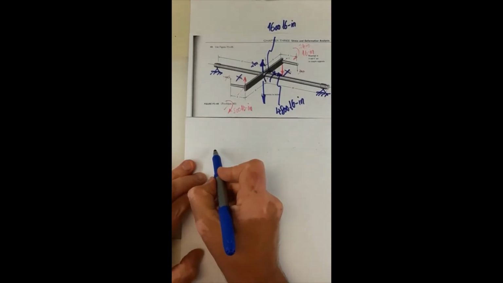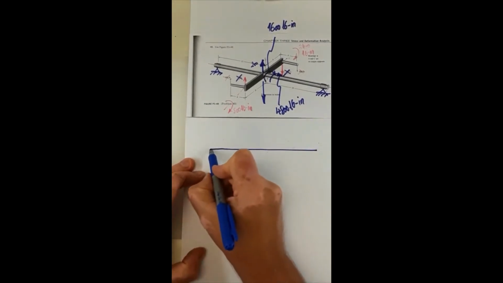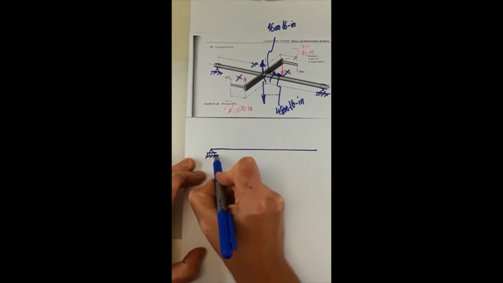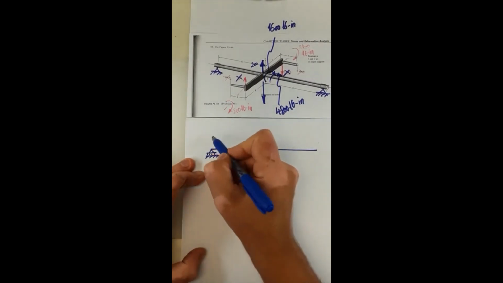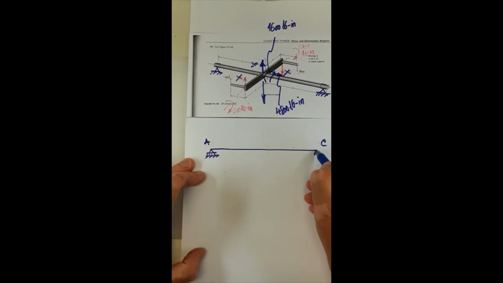So I have the bar, and I have the support here. Let me show this as a sliding support, and it's point A, and at point C, I have the fixed support.